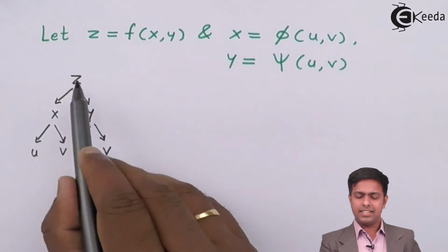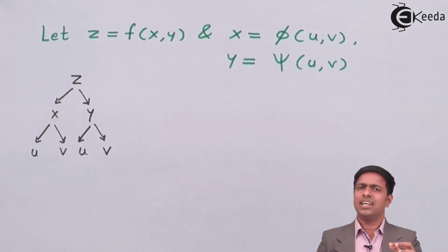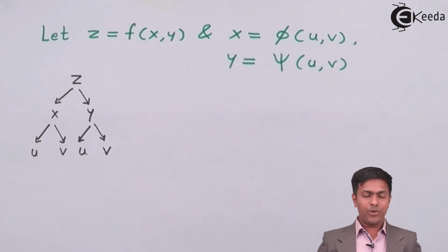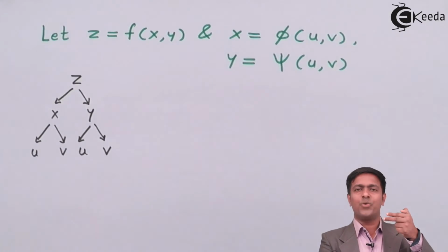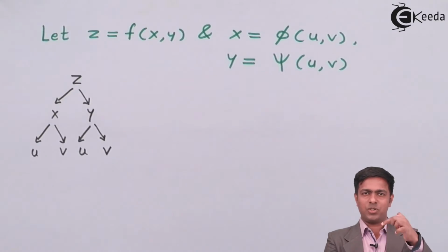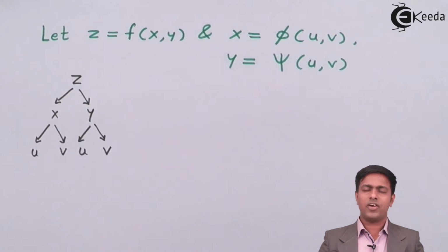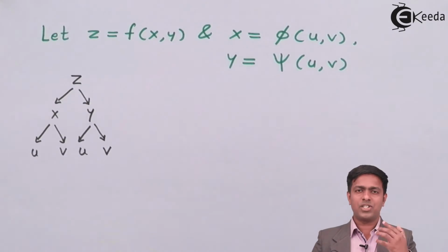Now guys, z is dependent, u and v are independent, x and y are intermediate, the same thing. Now if you see, z is a function of u and v. So if I want to find the differentiation of z with respect to u, then I can consider v as a constant, and that is why here we are going to get the partial differentiation.